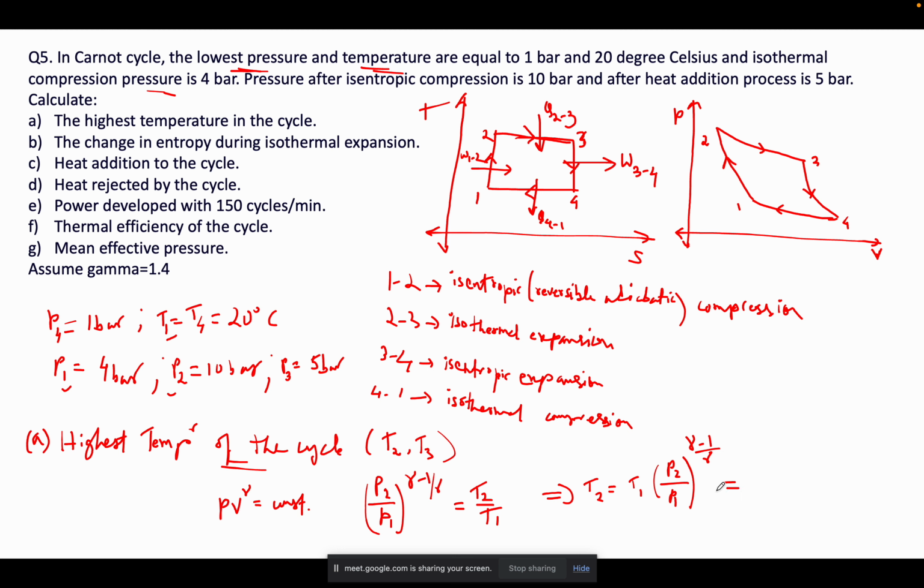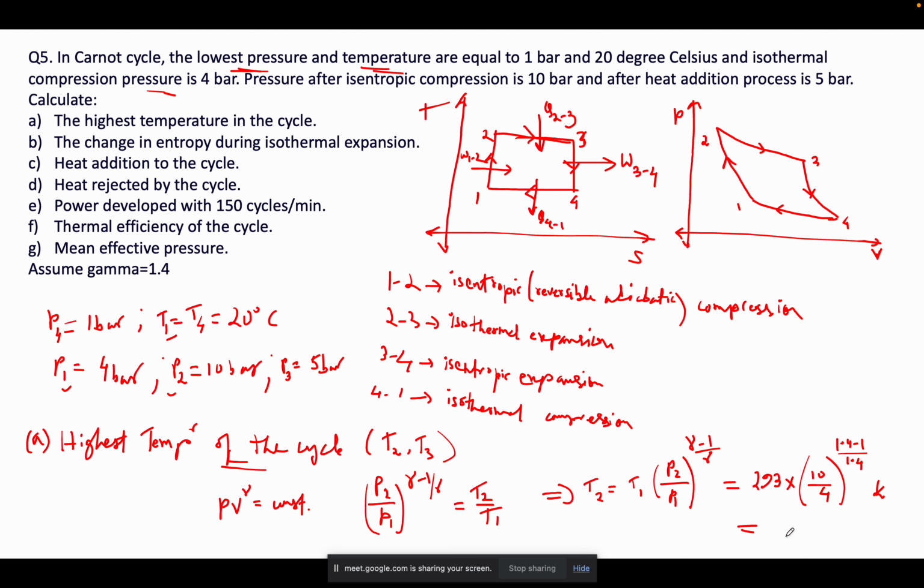And what is your T1? Your T1 is 20 degrees Celsius, that is 293 Kelvin. And what is your P2? P2 is given as 10 divided by 4, and gamma minus 1 is 1.4 minus 1, divided by 1.4. This will be in Kelvin.